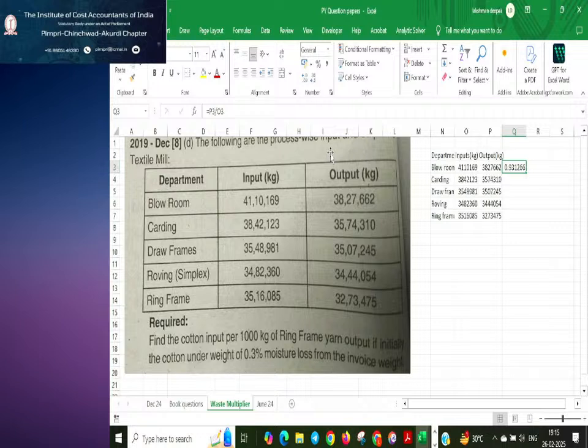Okay, so this is just a 4-mark question that they have asked. It is in 2019 December. It is almost 93.13%, if I just round it off.